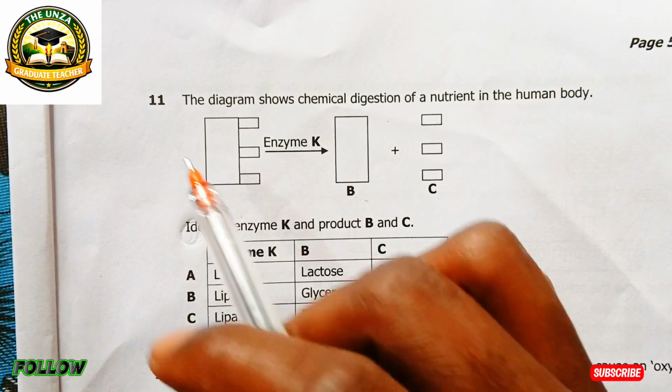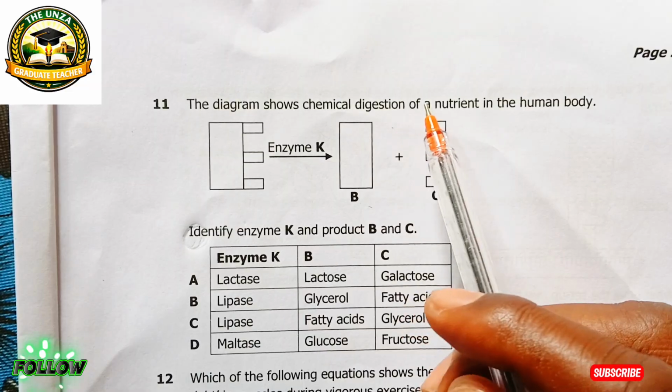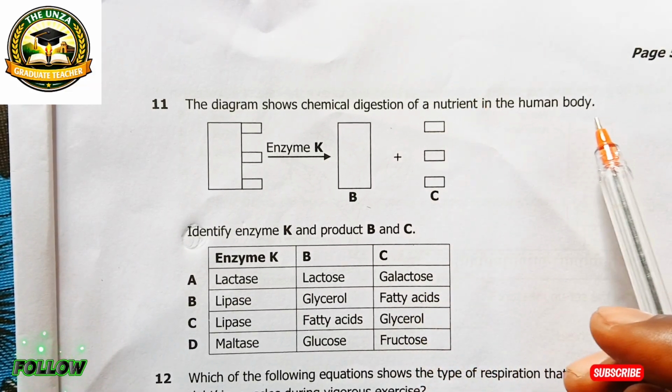question 11 was saying the diagram shows chemical digestion of a nutrient in the human body.